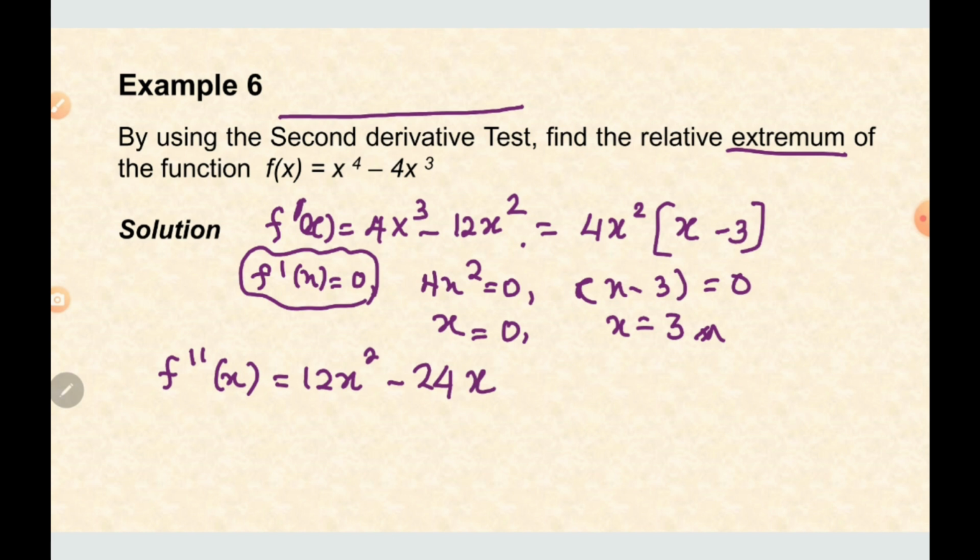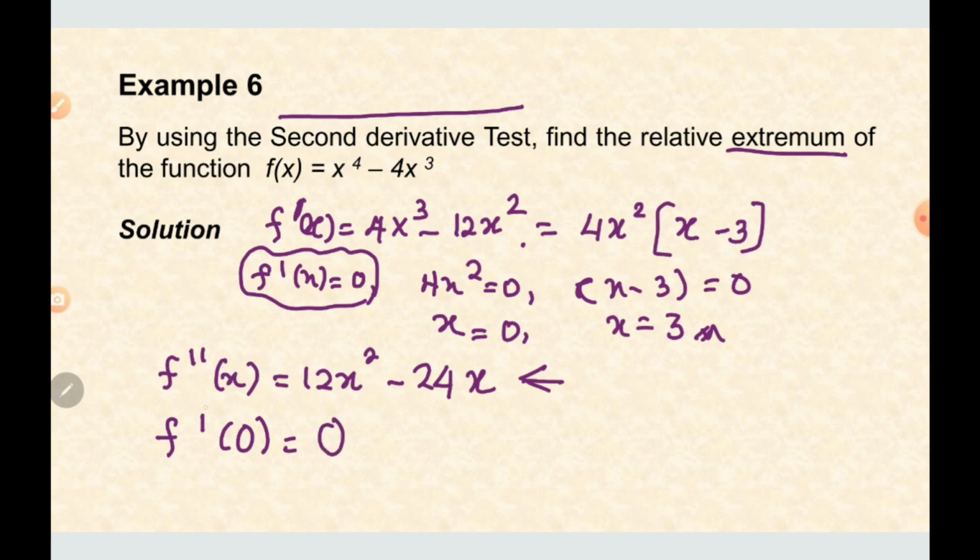Then you need to substitute the critical numbers here, that is 0 and 3, into f double prime. Now I will substitute 0, and the answer is 0 minus 0, the answer is 0.